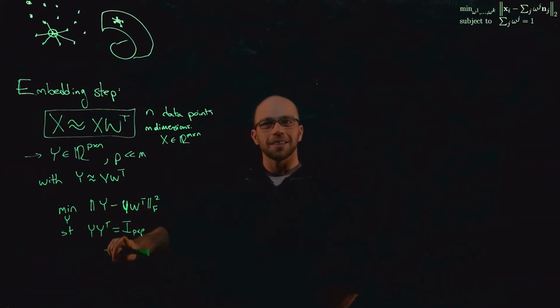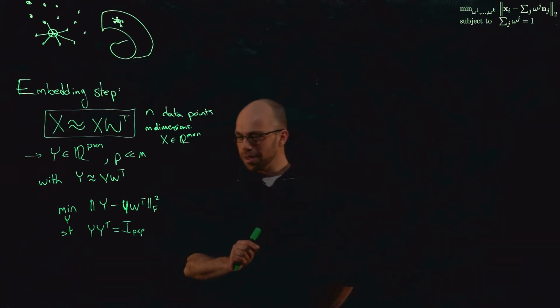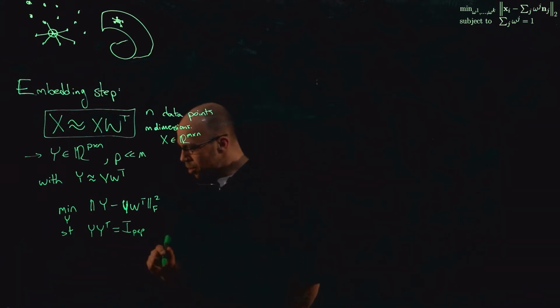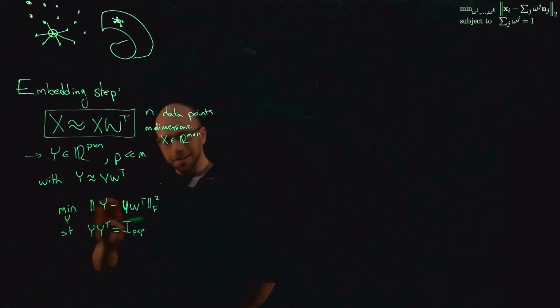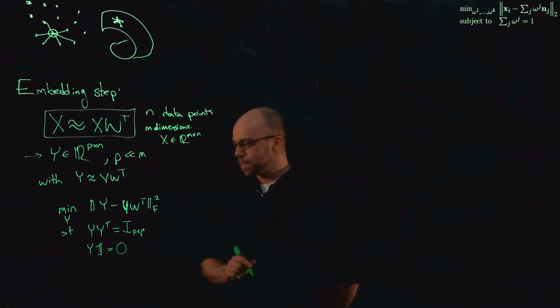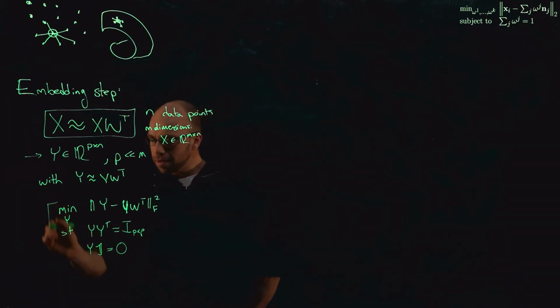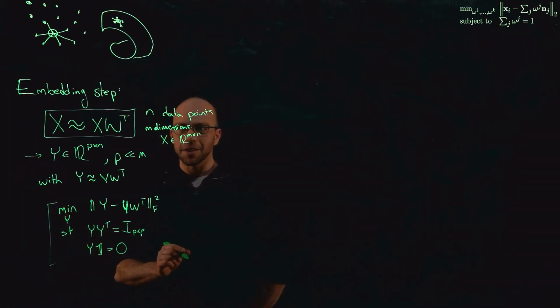There's no way I could get the ones down the diagonal of the identity matrix if Y were equal to 0. Moreover, shifting our data doesn't do anything interesting, so we'll also add a constraint that the data points sum to 0. This is just like we had last time. Okay, so essentially, if we combine all these things together, what we're going to get is just an eigenvalue problem.